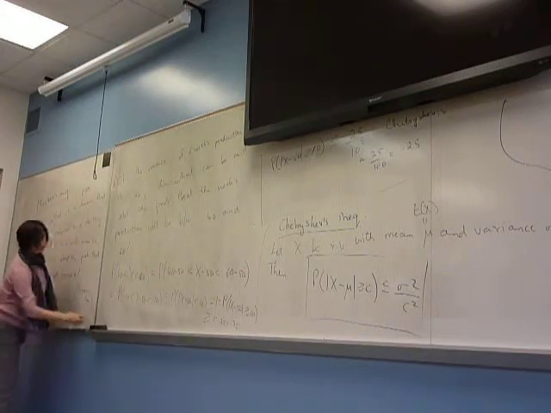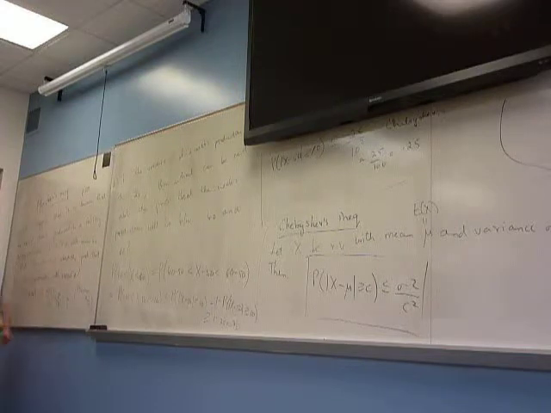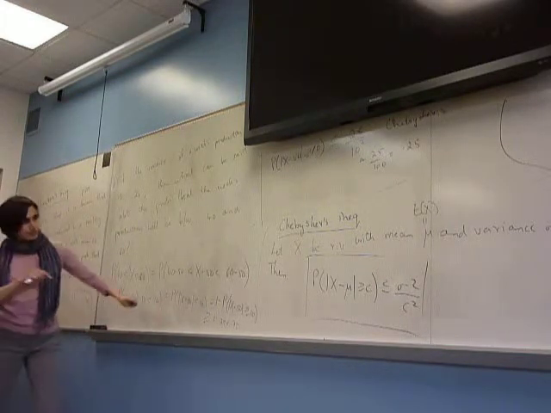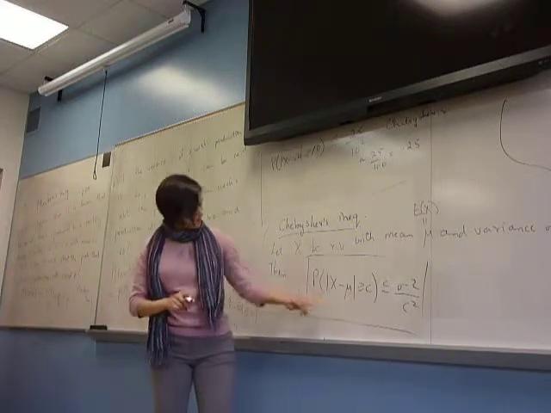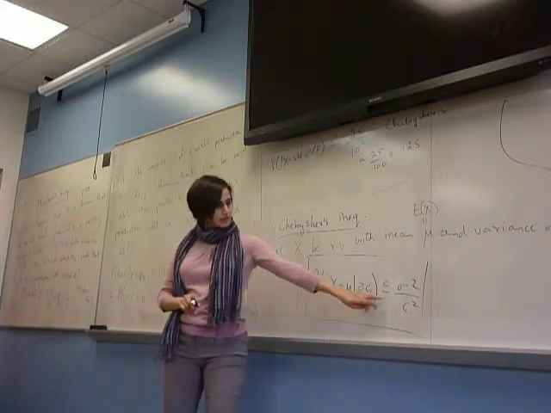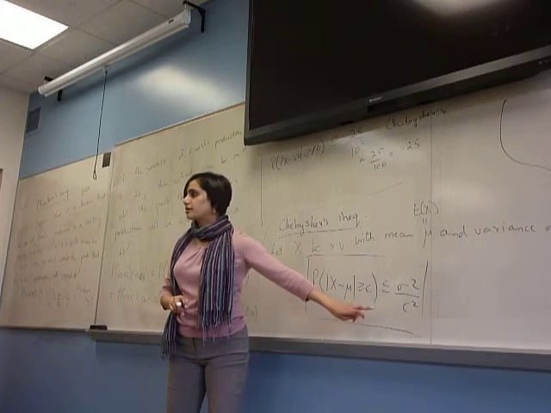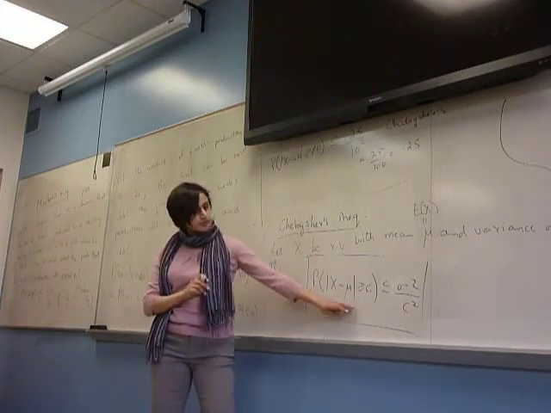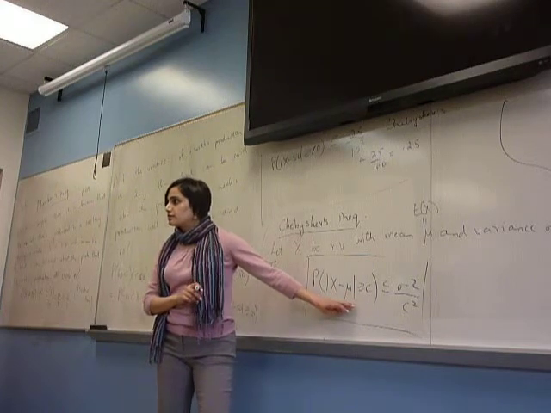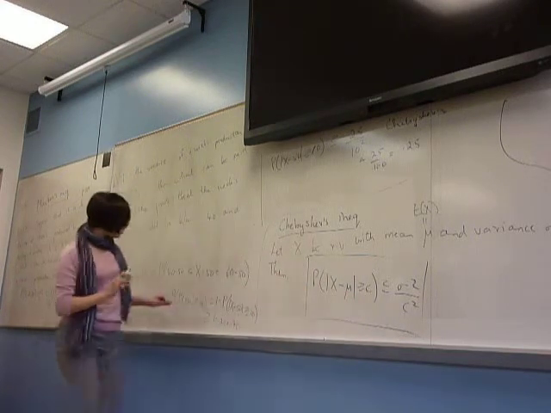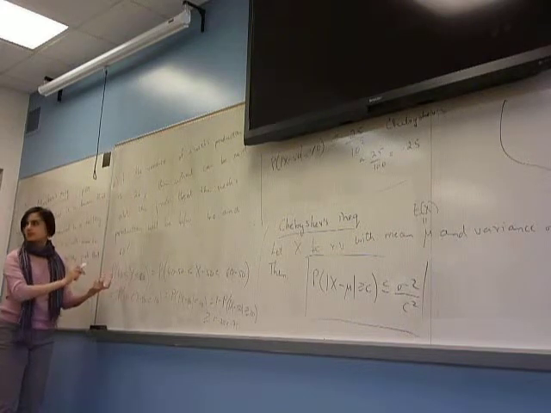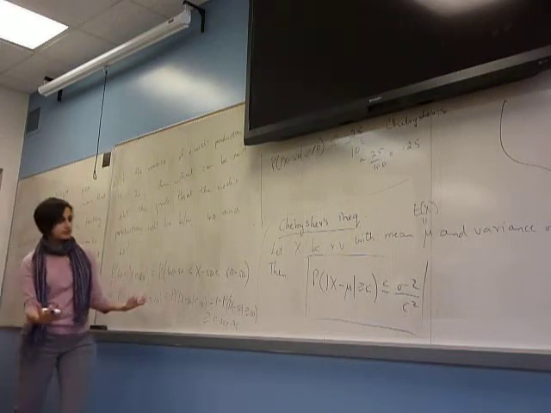Why don't we use standard deviation here to do the probability? Shouldn't we divide by standard deviation? Our statement here is that this probability is less than or equal to variance over c squared. That's all I'm doing. I'm trying to bring it into this form: the probability that the absolute value of X minus mu is greater than or equal to something.